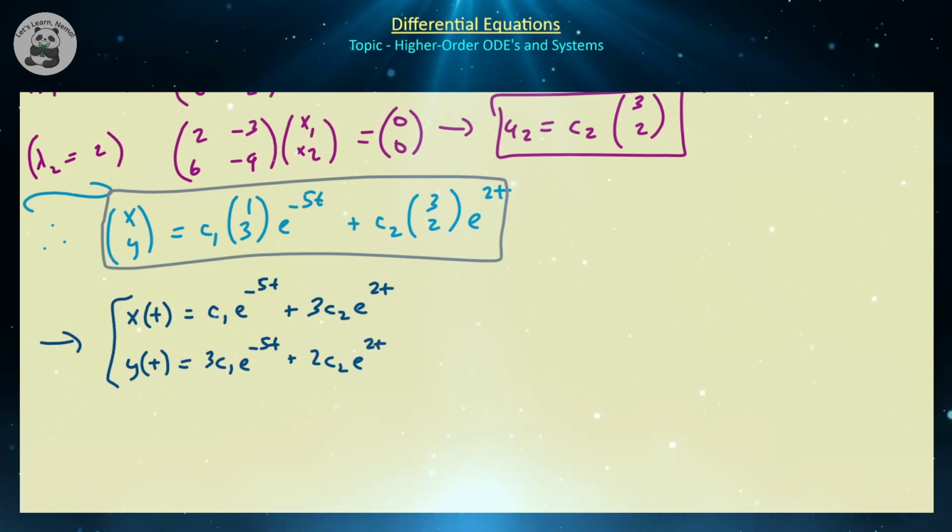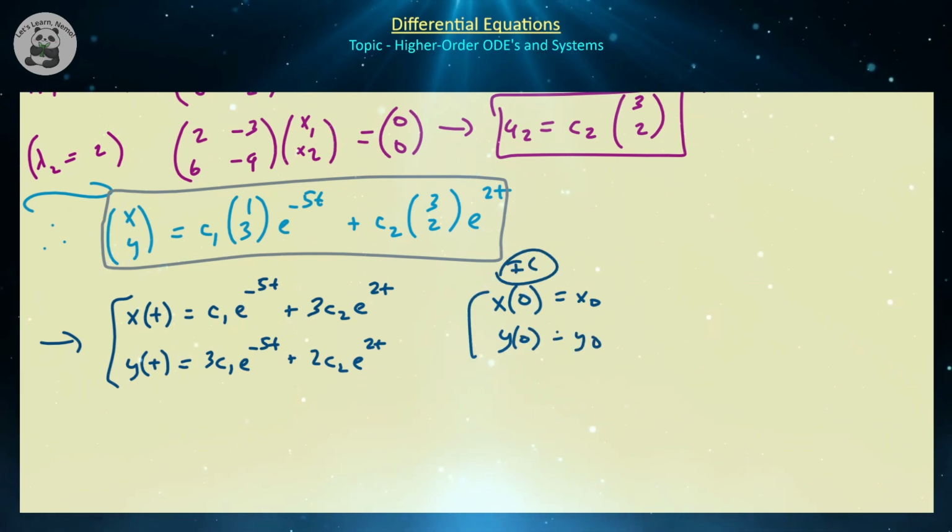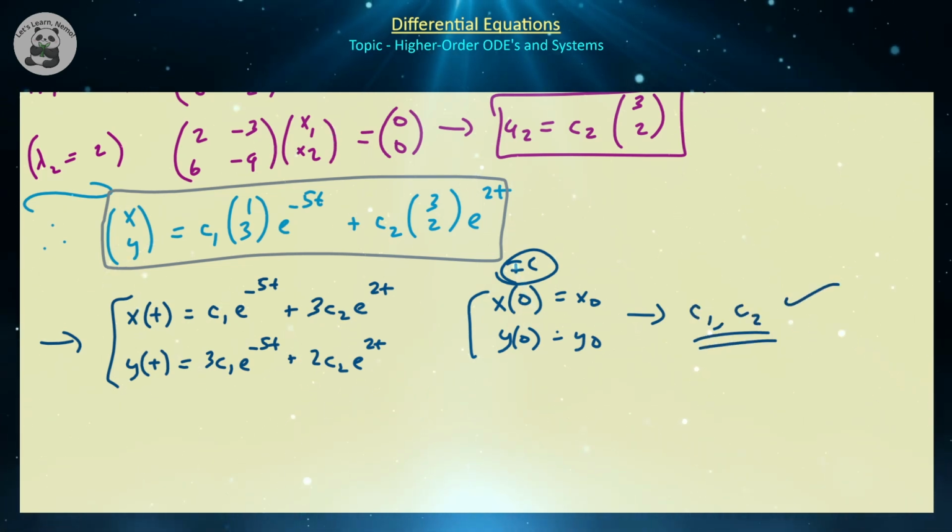If I give you some initial conditions, for example x(0) equals x0 and y(0) equals y0, you can find what c1 and c2 are to model the position of that particle at any time t you desire.